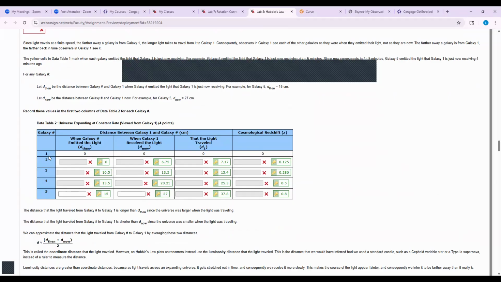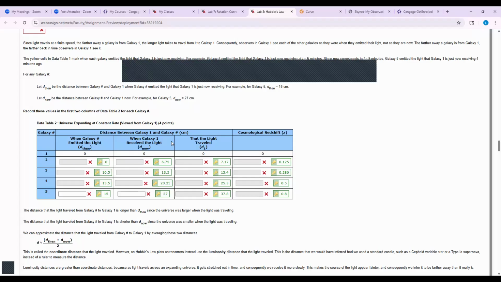This is different galaxies 1, 2, 3, 4, 5. Distance between galaxy 1 and itself is always 0. We don't need to provide it here. Distance between galaxy 1 and 2 is 6. These numbers are calculated based on the numbers that we have on table 1.